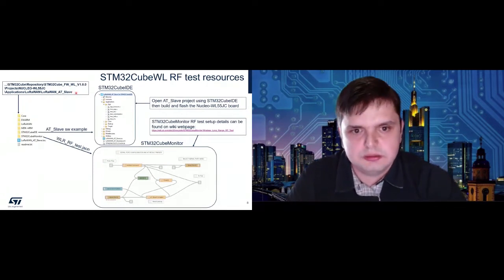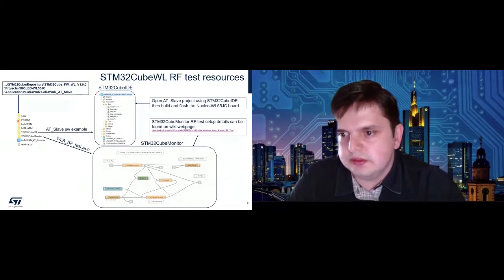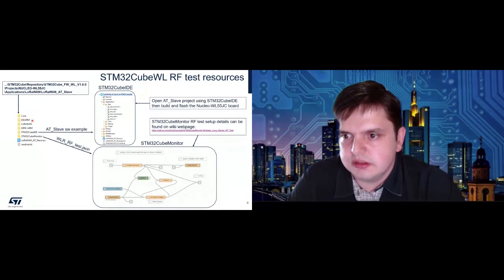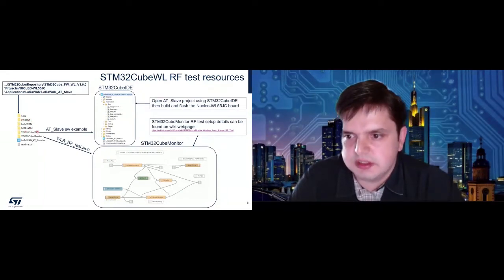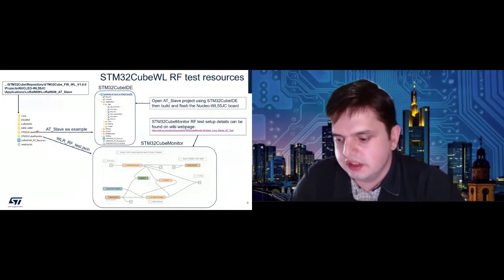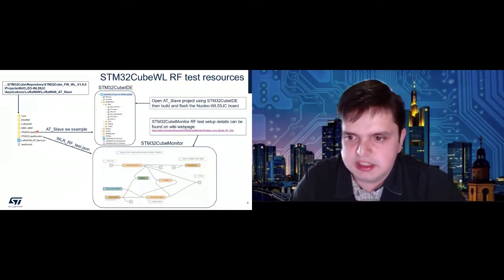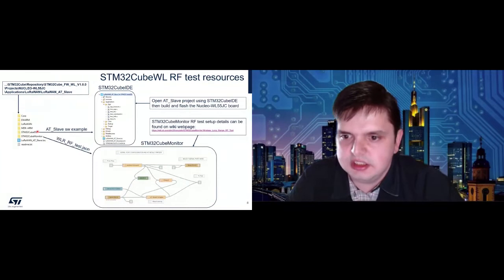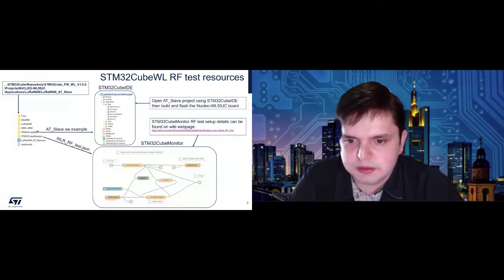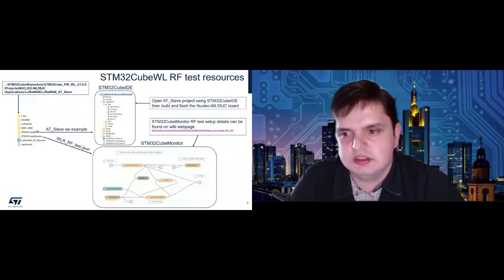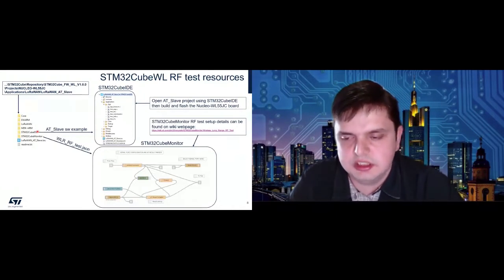So first of all, we need to open the project in one of the famous IDEs. We can use IAR, we can use Keil, or we can use STM32CubeIDE, which is an IDE developed by ST. It's free of charge, so you can just download it, open the project, compile the project, and load it into the microcontroller.